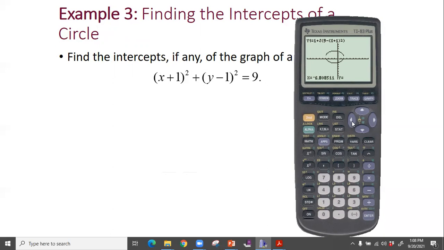Where'd it go? I can clearly see it's at 4, but I need it to be on this graph right there. They keep saying I'm skipping it. Oh, I wasn't on it. That makes sense. There we go.